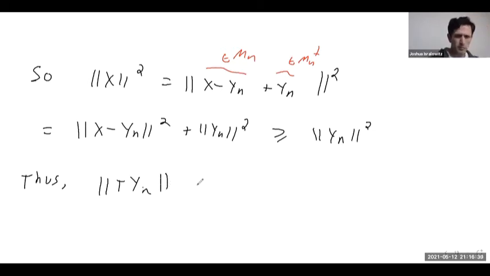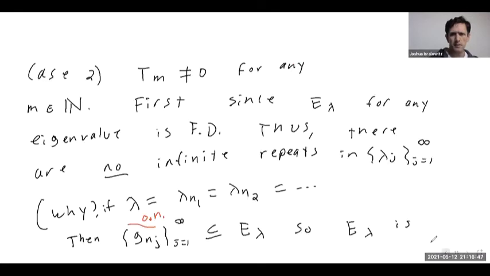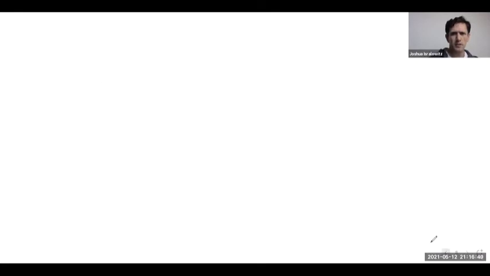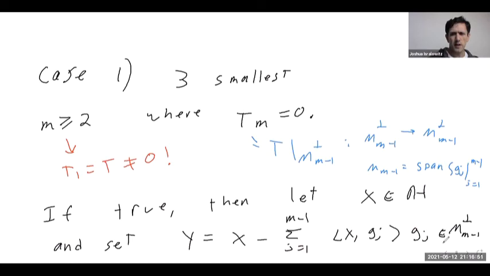So this is going to be equal to, well, y_n is in M_n perp. To remind you, T_{n+1} is T restricted to M_n perp.